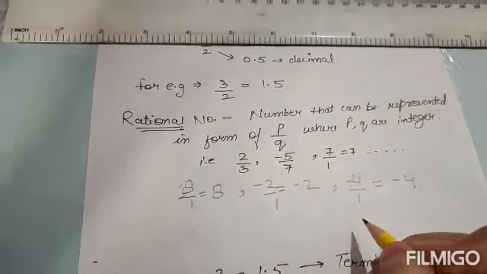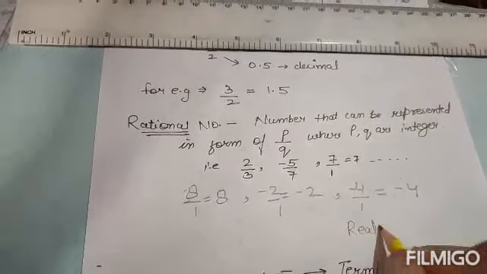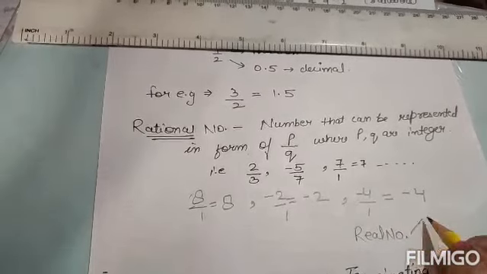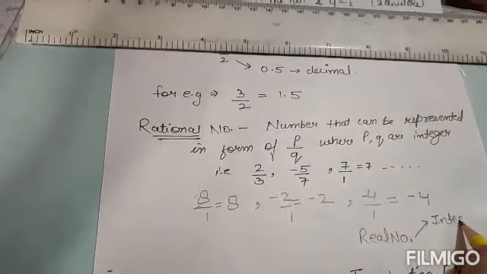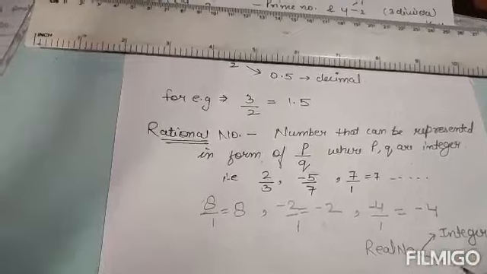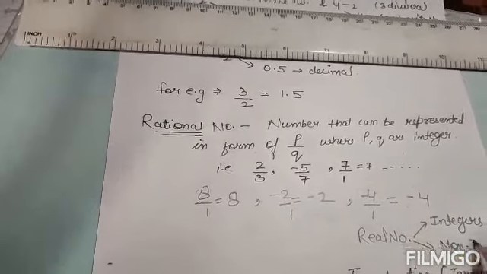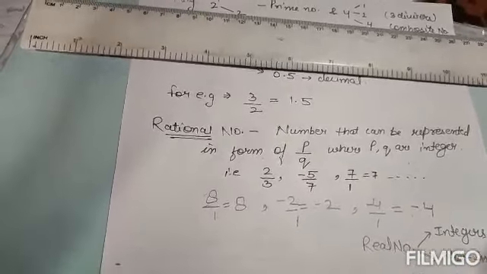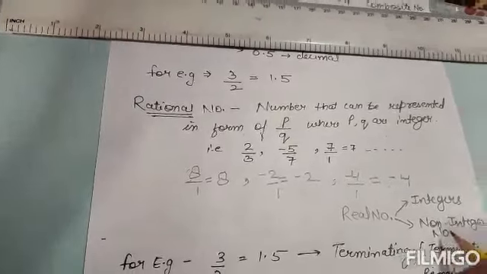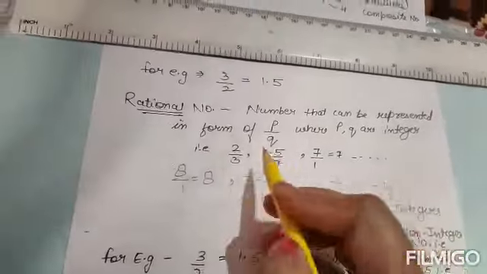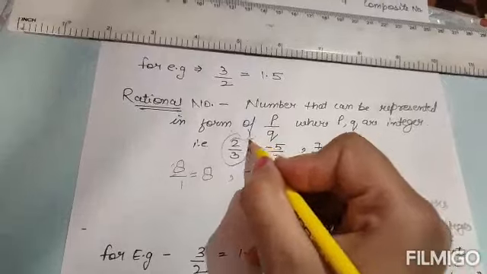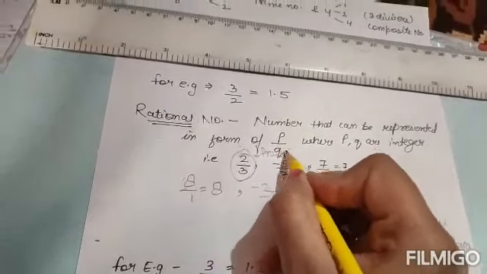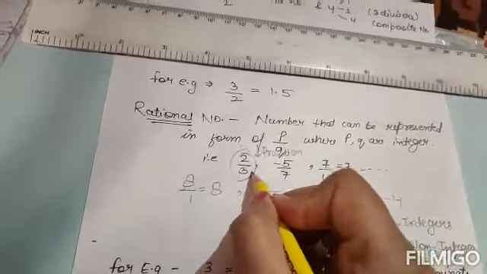So what we get to know is that rational numbers include not only integers but also non-integer numbers. That is, we all know about fractions. This is a fraction, which is called a non-integer number.